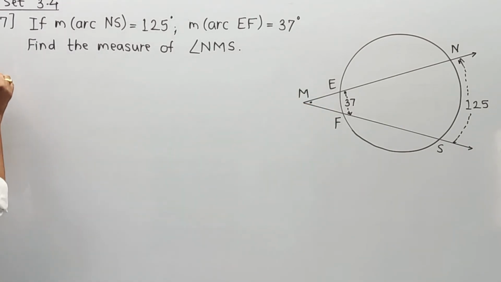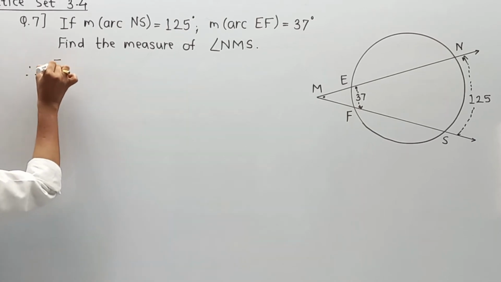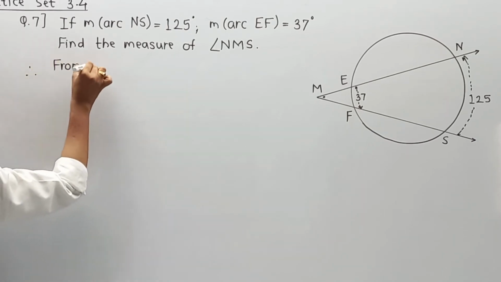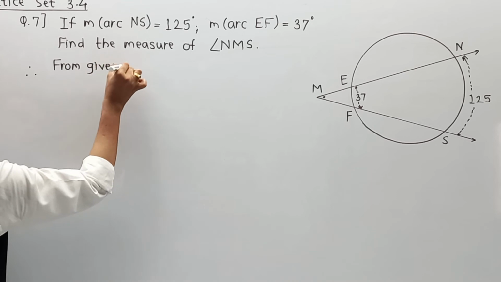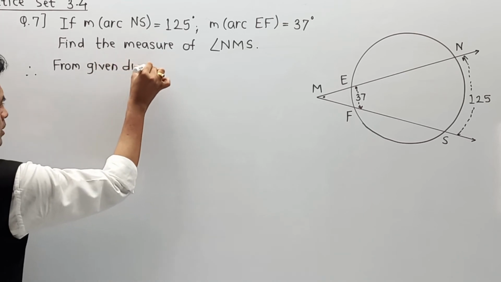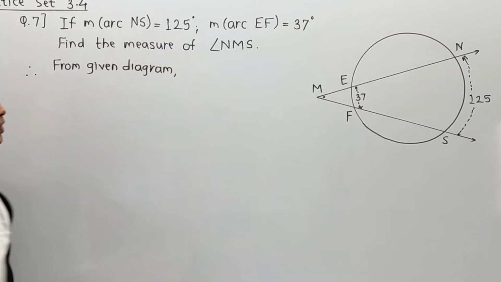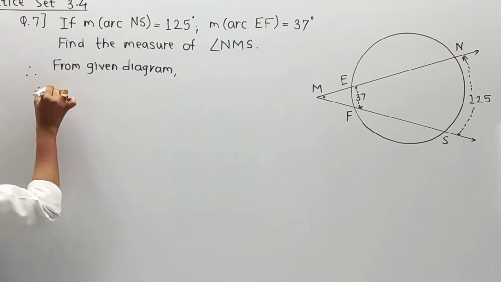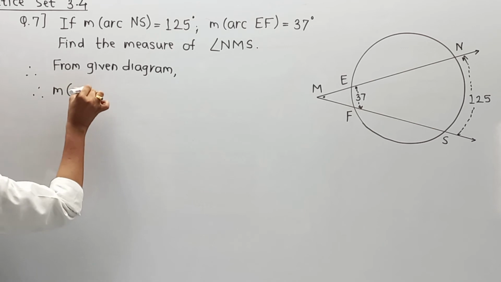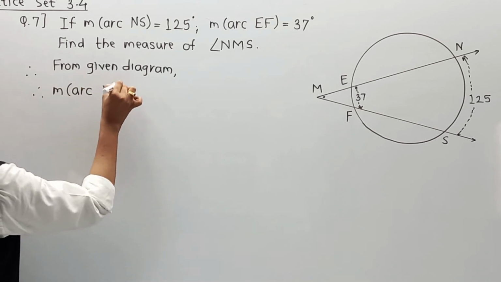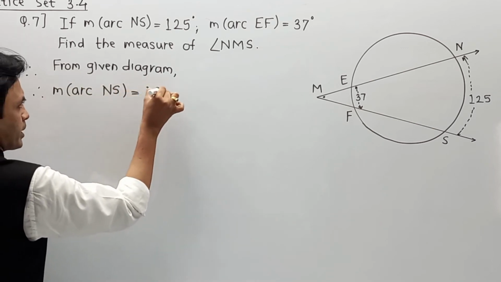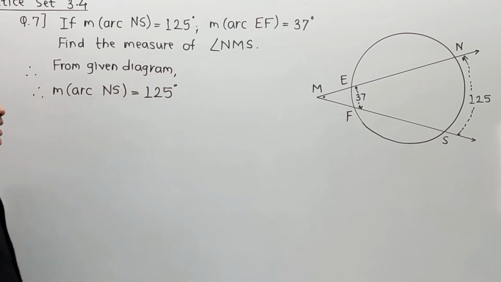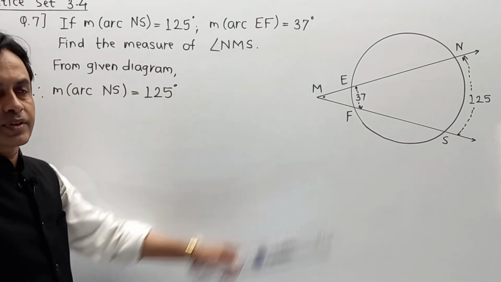So the first part is, from the given diagram, they have given the first value, major arc NS, 125 degrees. Next, major arc EF, 37.